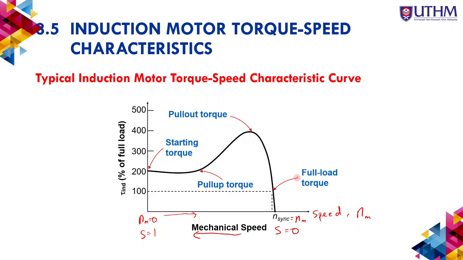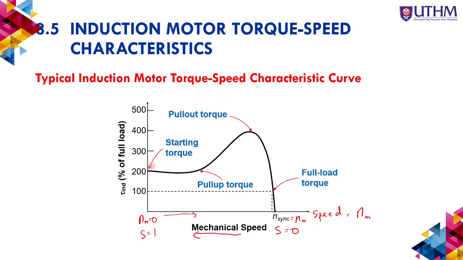This is 100% of the load, and we assume that the load is constant. When the torque required by the load is lower than the starting torque, the rotor will start to rotate.